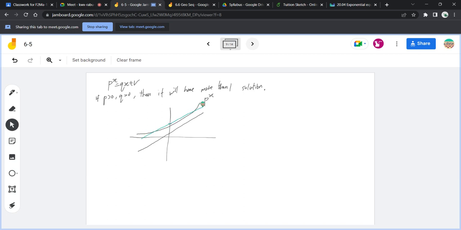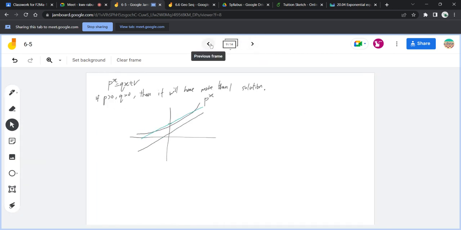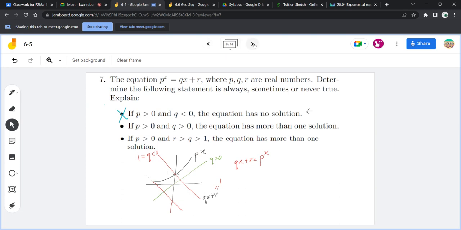So this indicates that we have more than one solution. So it means that the answer would be sometimes.